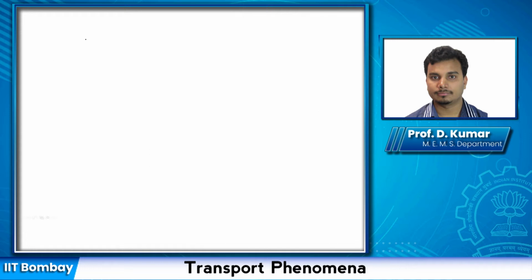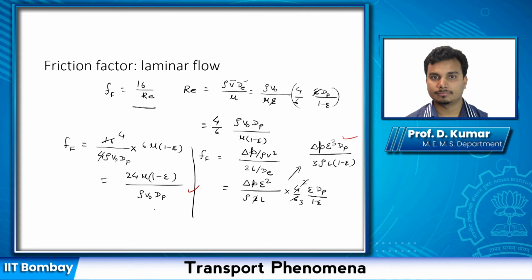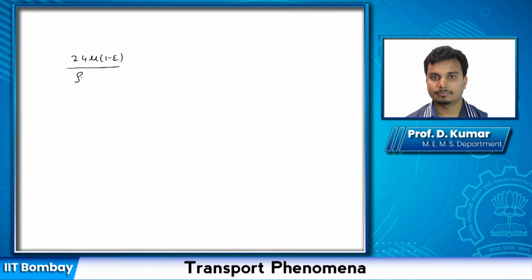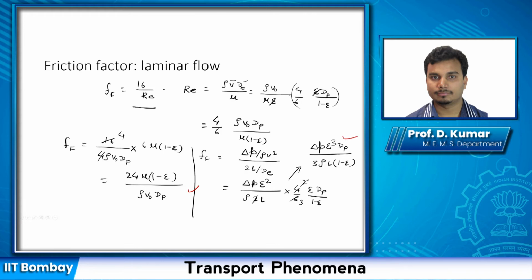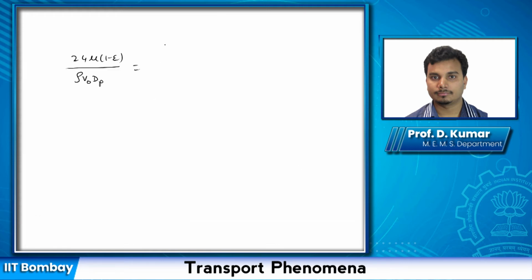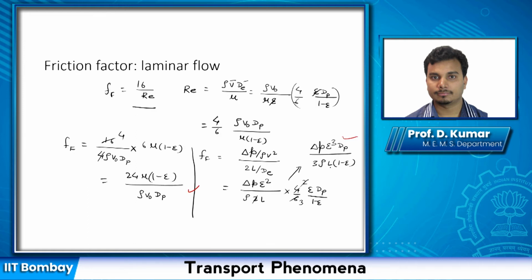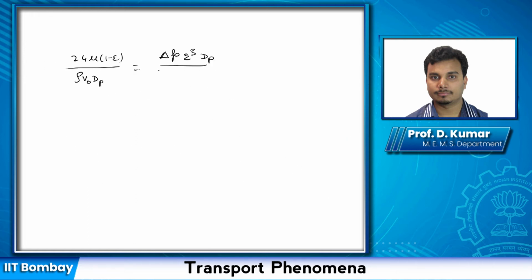So 24 mu 1 minus epsilon by rho V naught d_p should be equal to the term here, delta p epsilon cube d_p by 3 rho L 1 minus epsilon.